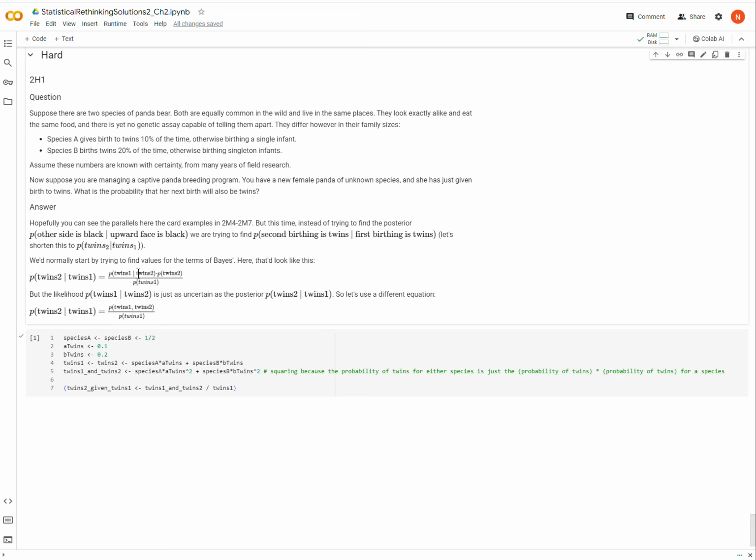But that's a little bit hard to apply here, because we're trying to find the probability that the second birthing is twins given that the first one was, but one of the things we need to know is the probability that the first birthing was twins given that the second is twins. I don't know that any more than I know the thing that we're trying to solve for. And so it's not going to be easy to use this formula of Bayes.